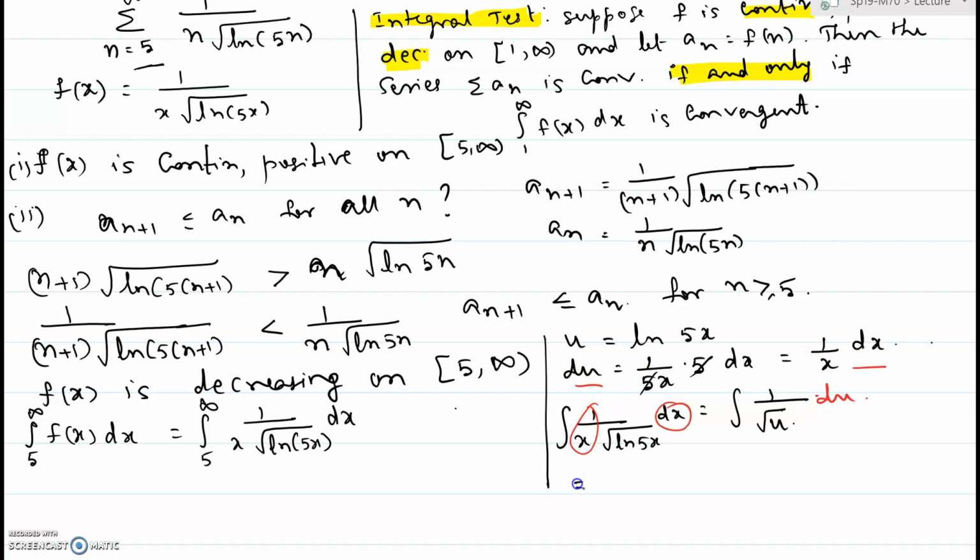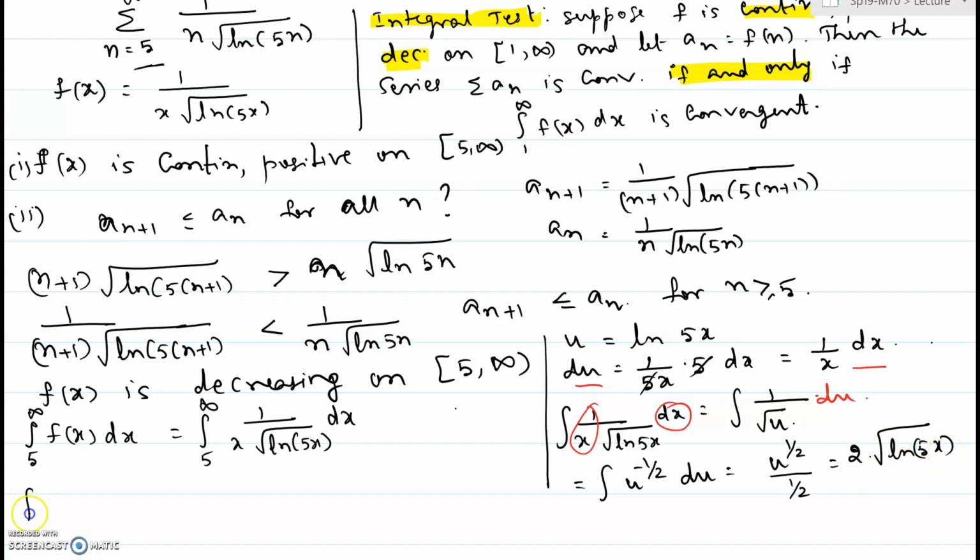So without the limits, I can write this as the integral of u to the negative 1/2 du. On integration it becomes u to the positive 1/2 over 1/2, so it will be 2 times square root of u. I'm going to now replace this u with ln of 5x. It is 2 times square root of ln of 5x.